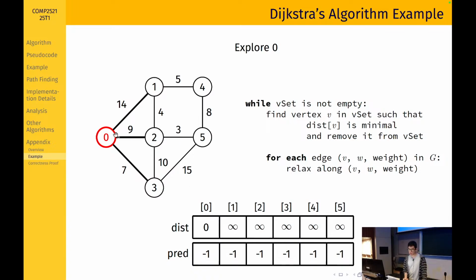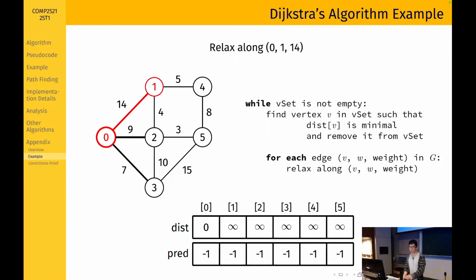And we're going to explore 0. So we're going to consider each of these edges. And in the first iteration, since we haven't actually seen any of these vertices yet, we're going to be updating the distance and predecessor of all of these vertices.